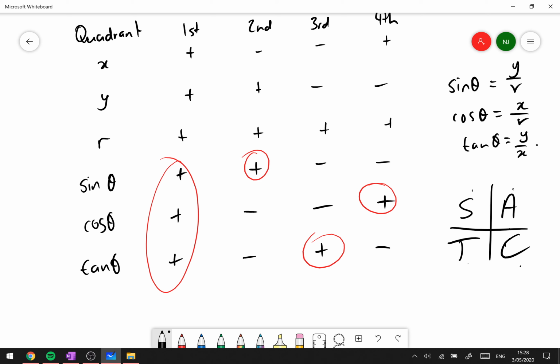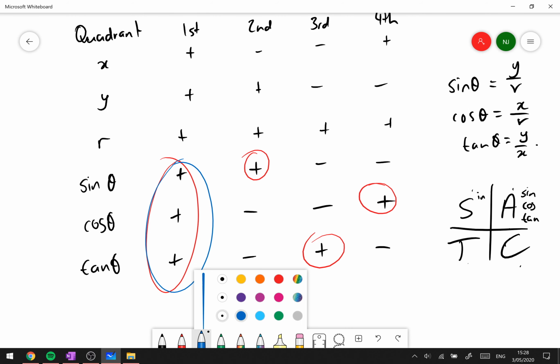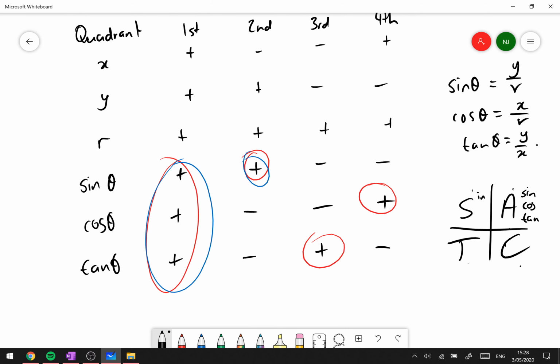So the A means that all sine, cos, and tan are positive. And you can see that back over here on the left, where in the first quadrant, sine, cos, and tan were positive. This one just means that sine is. And if you have a look back at our table, along our second column, only sine is positive. Tan, cos for the last two.